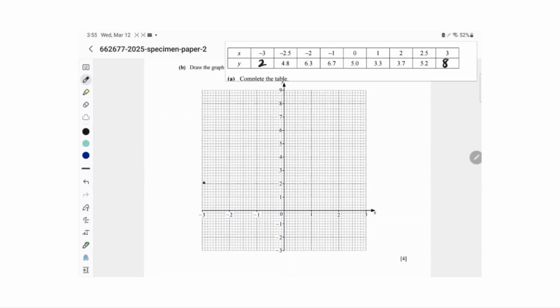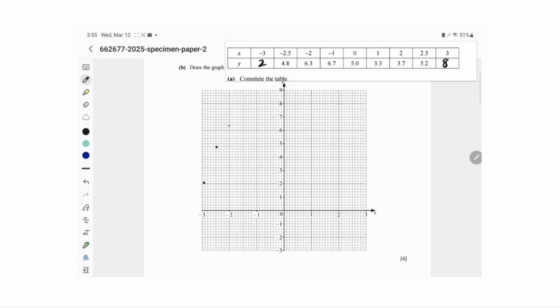Minus 2.5 and 4.8, that is 4 and then 5, just one block below. Then minus 2 and 6.3. Then we have minus 1 and 6.7.